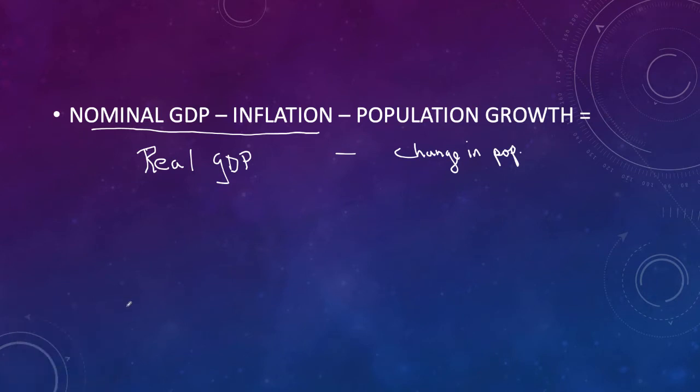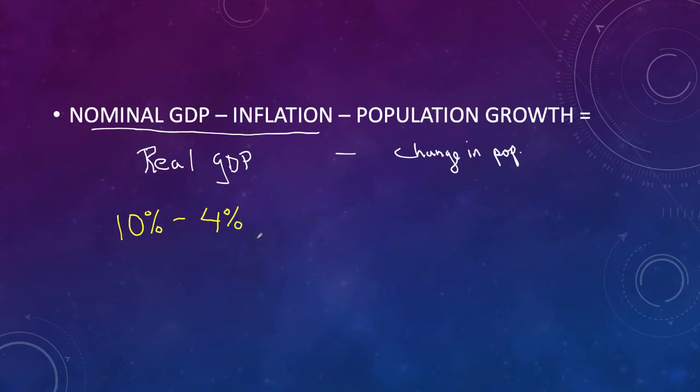Let's say we have a country with a 10% nominal GDP. Now 10% is pretty good for any country in terms of GDP, but remember, if we just look at the nominal GDP, we're missing something. We want to take into account the change of the rate of inflation, because we want to make sure that our GDP is not measuring price changes, but rather that it's measuring changes in output.